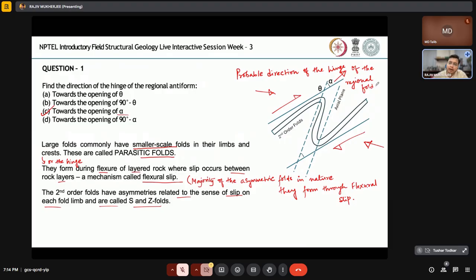Right. Now, how do we get a sense of what is happening?